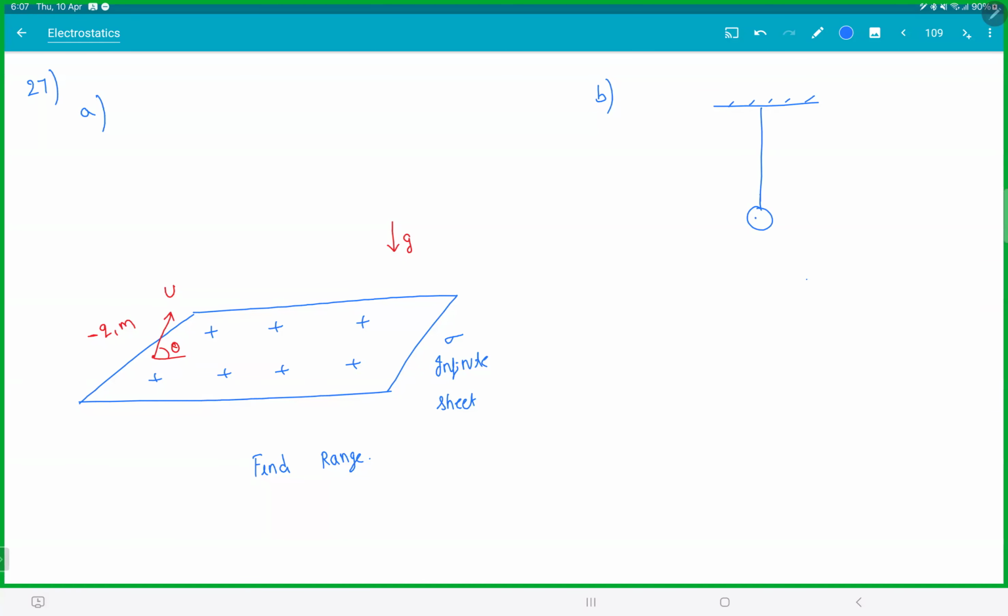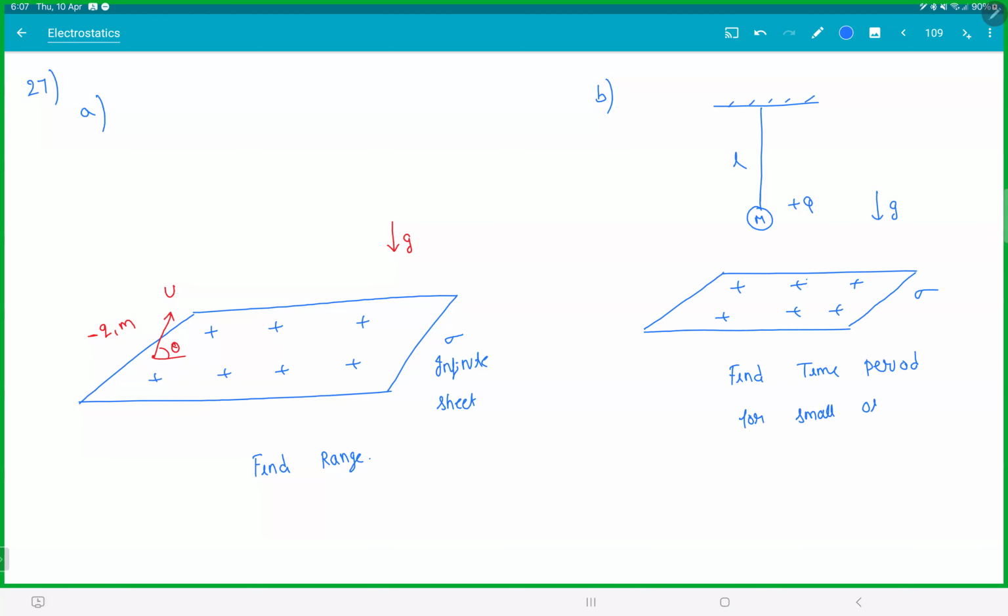So we have a pendulum here, mass m, length L, charge q. Gravity is there. You placed an infinite sheet below it. Find the new time period. Easy ones.